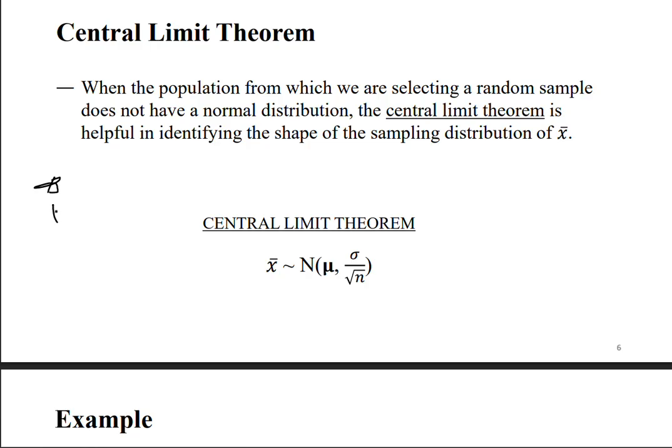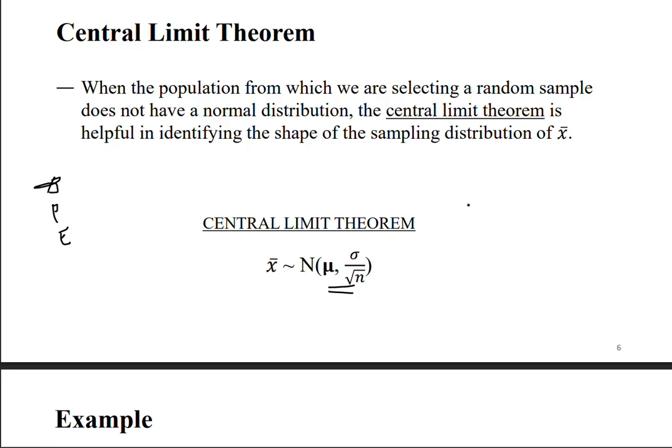It could be a Poisson distribution. It could be an exponential distribution. There are so many distributions out there. So when we are not able to describe the shape of this distribution, we can use the central limit theorem to approximate whatever the distribution is as a normal distribution.